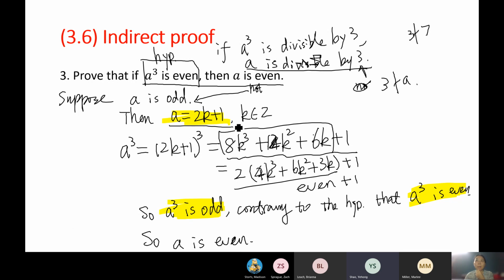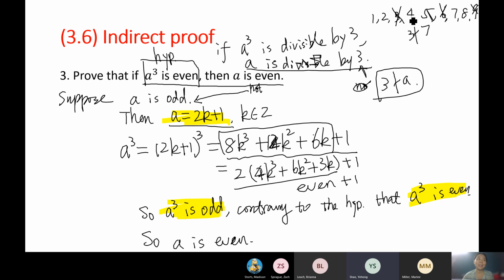We have integers like 1, 2, let me just look at the positive ones and list a few. I'm assuming A is not divisible by 3, so it cannot be 3, cannot be 6, cannot be 9. But the integers left could be 1, 2, 4, 7, 8, or 10. So what kind of numbers are they? You cannot describe them in one way.